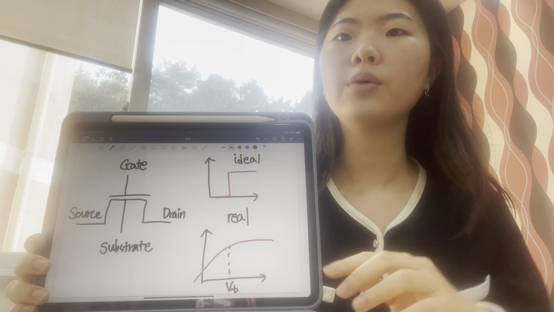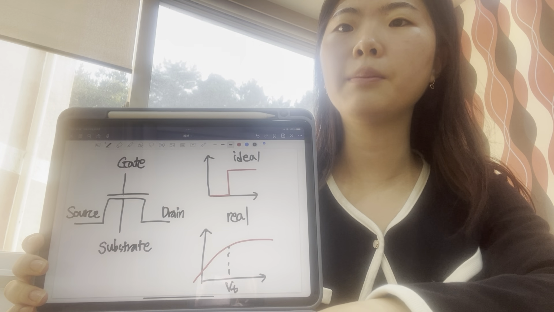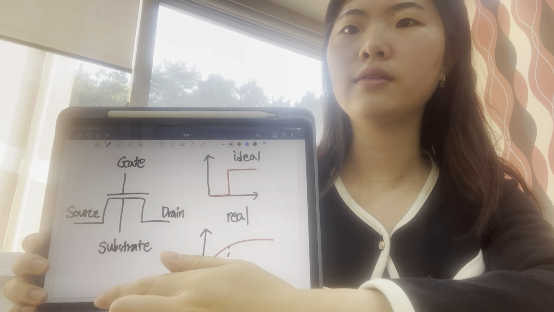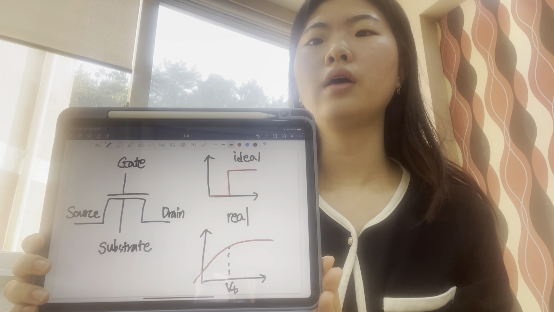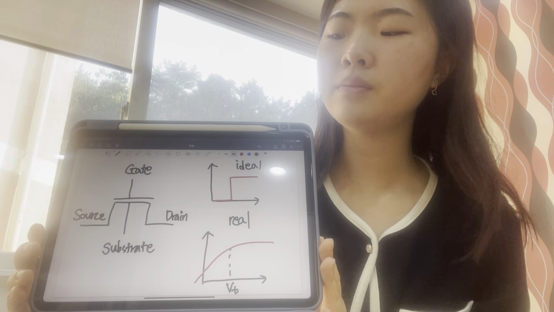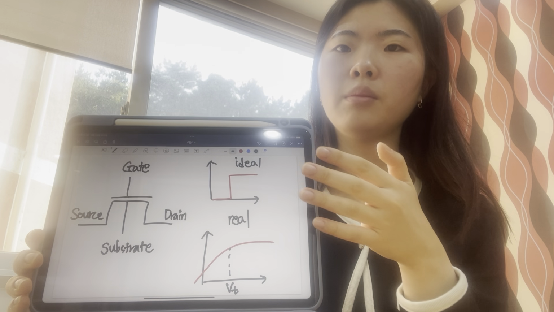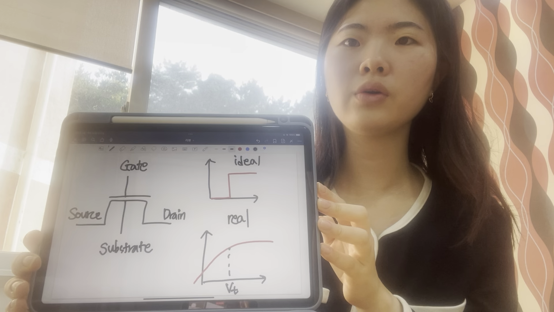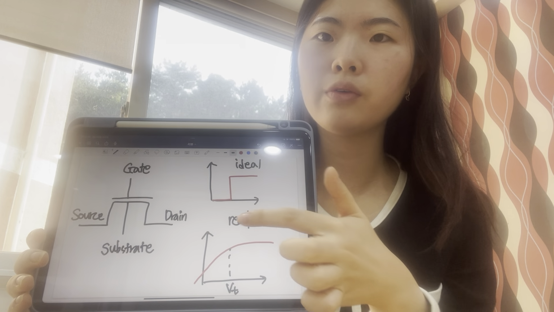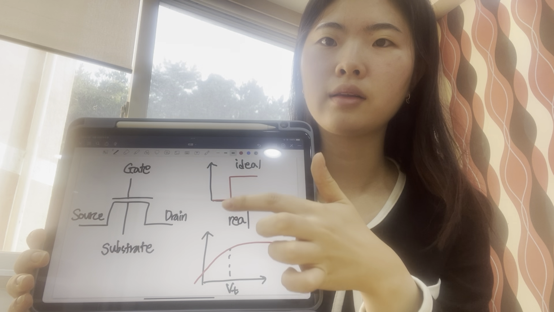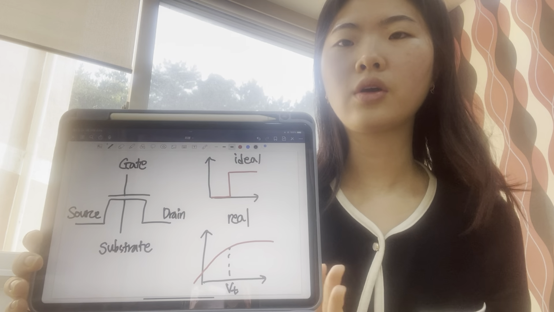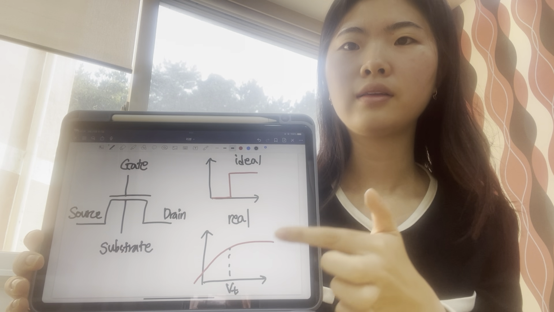Quickly. So a MOSFET has 4 terminals: source, drain, gate, and substrate. The current will flow like this graph. In the ideal case, the current will flow this way, but in the real world, the current flows like this graph.